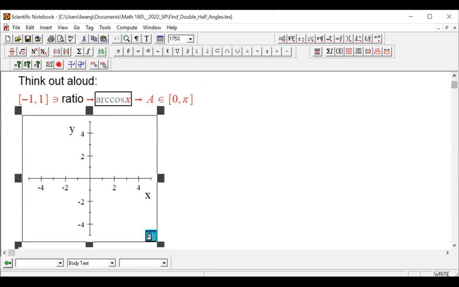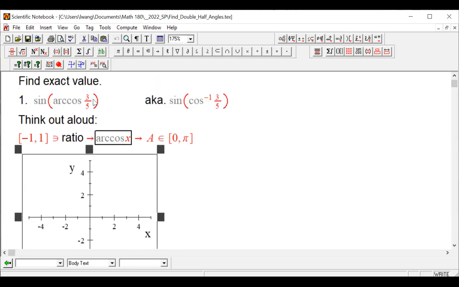So in this process, I need to understand that 3/5 is in the domain for arc cosine. Therefore, this piece is going to produce an angle, and this angle is going to be the input for sine. So we're expecting a ratio, right? The final result is going to be a ratio.